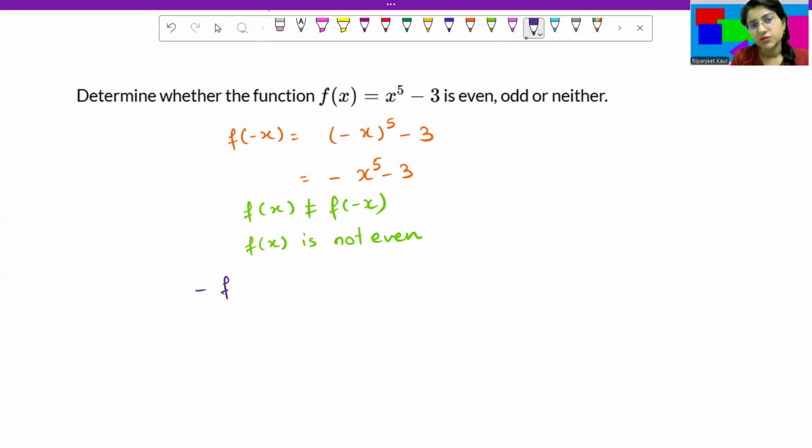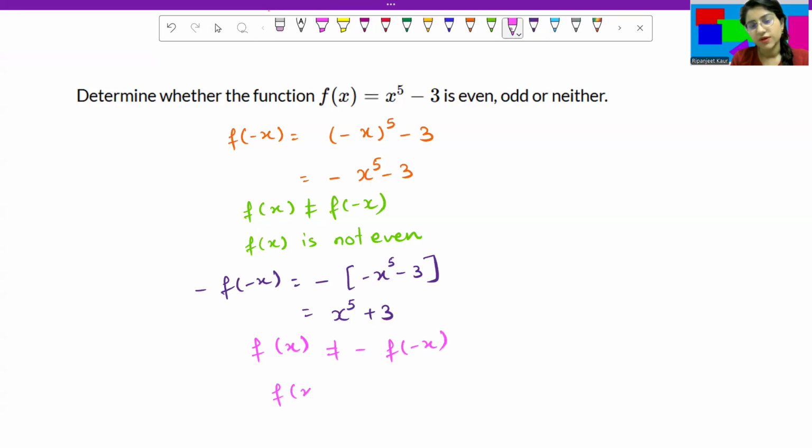Now we check minus of f of minus x, minus of this whole thing. We find it is x raised to the 5 plus 3. Now we can see here f of x is also not equal to minus f of minus x. So f of x is not odd.